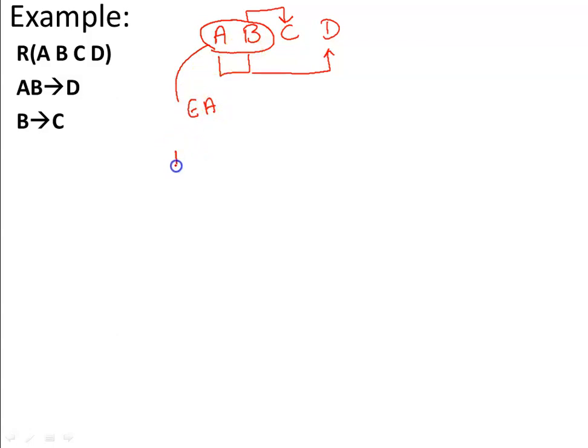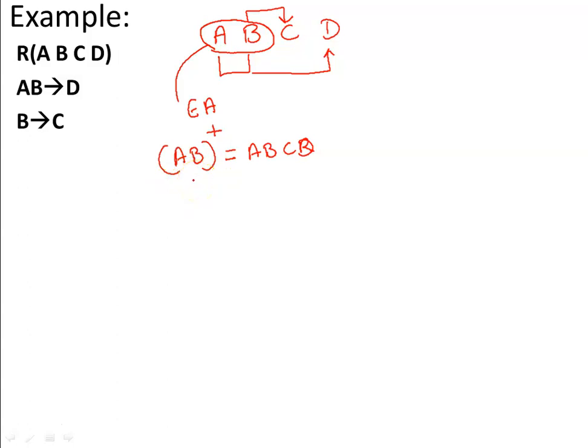So as of now I conclude that A and B is my candidate key, because when I calculate the closure on A and B, I get the entire relation A, B, C and D. I will not go into the details of finding the closure or the candidate key, so you can have a look at the previous videos on how to find the candidate key. So I conclude in this case that AB is the candidate key.